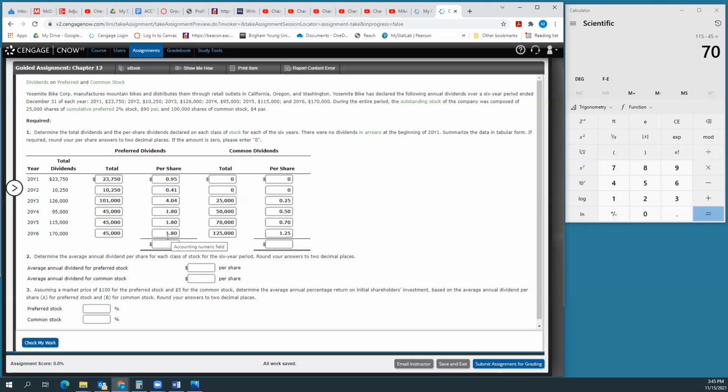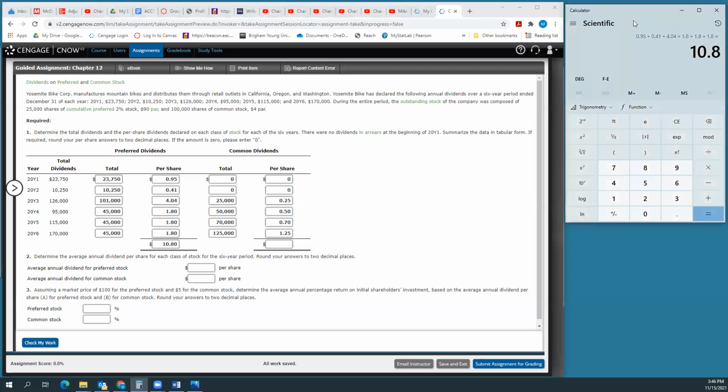We can add all this up. That will tell us how much per share each of the categories of shareholders received. So for the preferred dividends, we got 95 cents plus 41 cents plus $4.04 plus $1.80 plus $1.80 plus $1.80 gives me $10.80 per share over that 6 years.